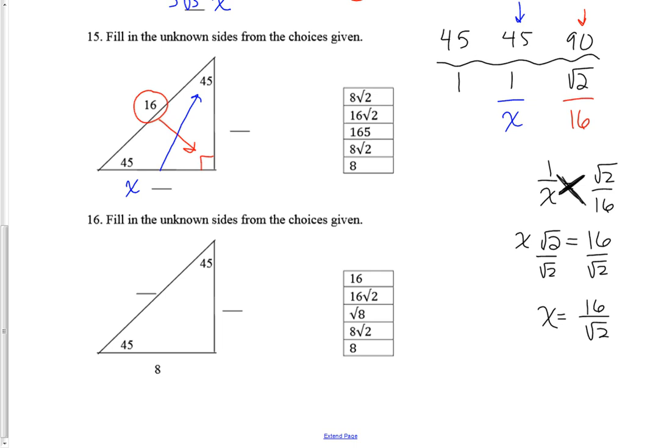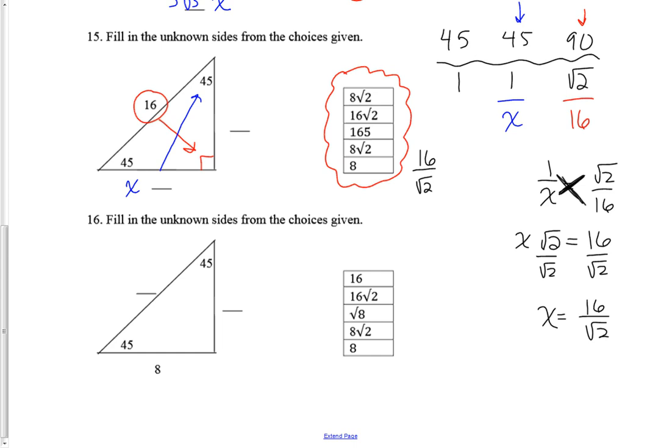At this point, I look at my answer choices. So here my answer bank is, and I do not see this answer anywhere. So what I need to do is make my answer look like one in the answer bank. So if I take 16 divided by the square root of 2 and I rationalize the denominator, that means I don't want a square root in the denominator anymore.